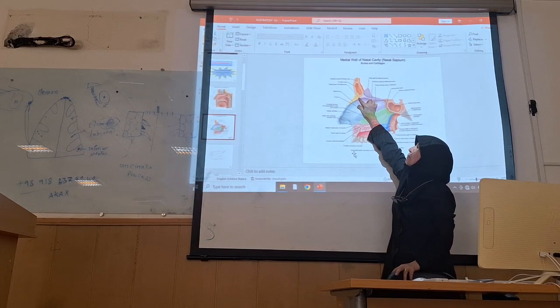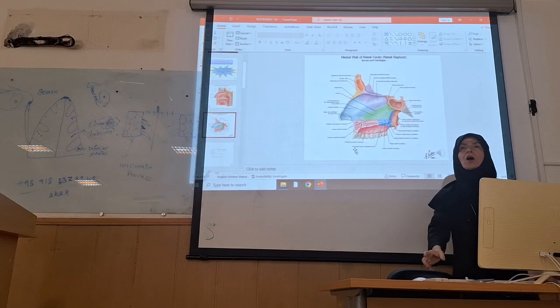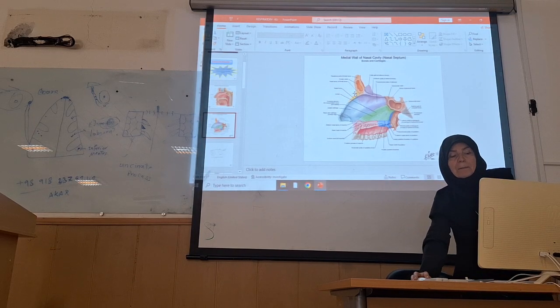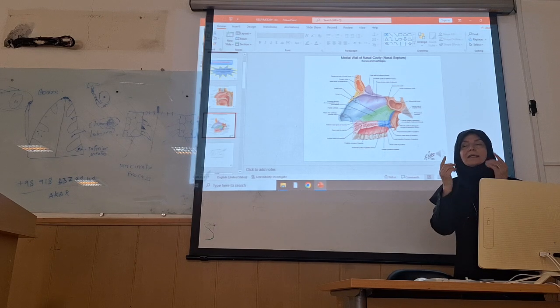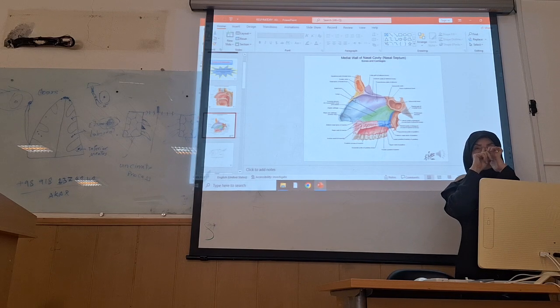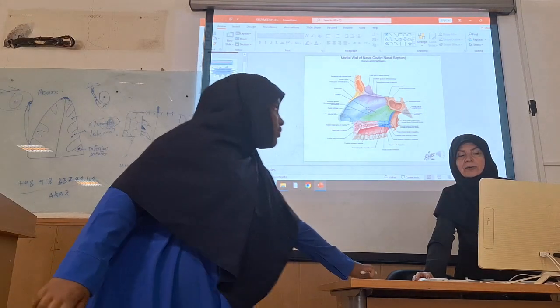Again, a spine of the frontal bone, and the mid part of the nasal bone. This nasal bone anteriorly also is going to participate a small portion in the medial surface of the nasal cavity.